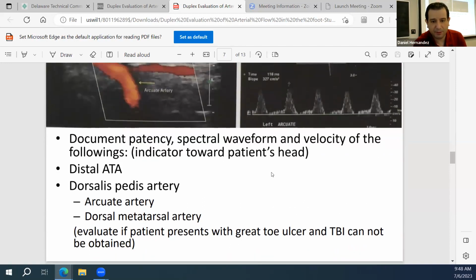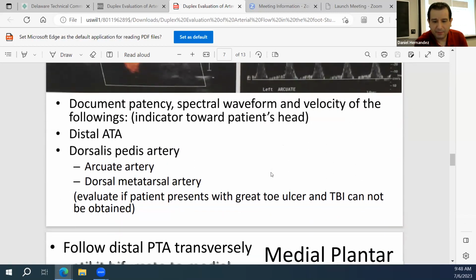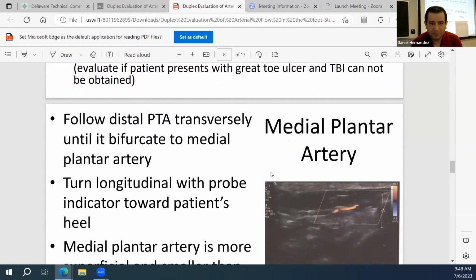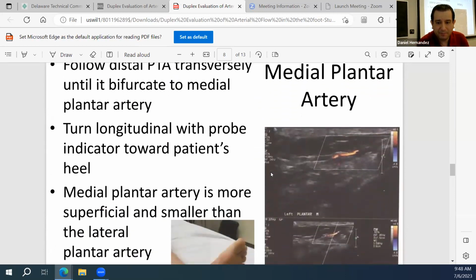We do the arcuate artery and the dorsal metatarsal artery, so that branching. And then we follow the posterior tibial artery behind the medial malleolus until it bifurcates into the medial plantar artery.